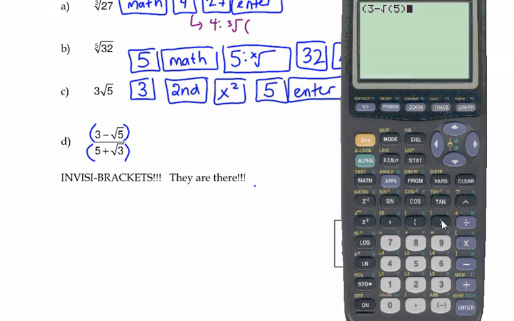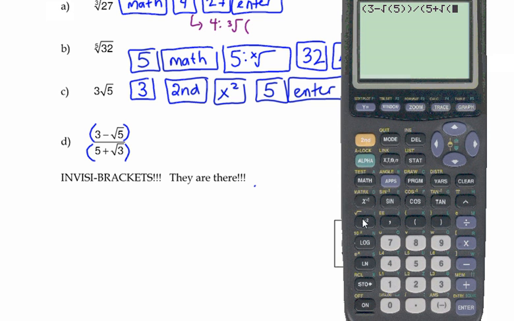What else do I need? Before that, we need to finish wrapping the numerator. Okay, another bracket. Divided by? No. Open bracket. We have to wrap our denominator. 5 plus square root.